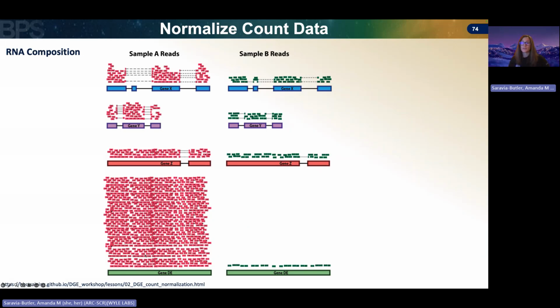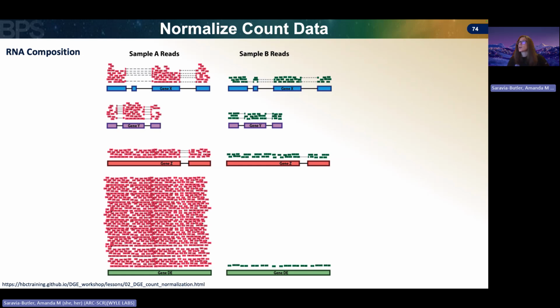That's going to take up most of the counts for sample A, but it's not highly expressed in sample B. So if we divide both of these counts by the total number of reads, the total number of reads in sample A is going to be more than in sample B. It's going to skew these data such that the denominator that the counts for these other genes are being normalized by is so much larger that the expression of these other genes is going to seem smaller because of this highly expressed, differentially expressed gene.